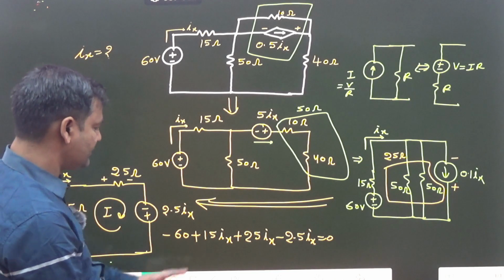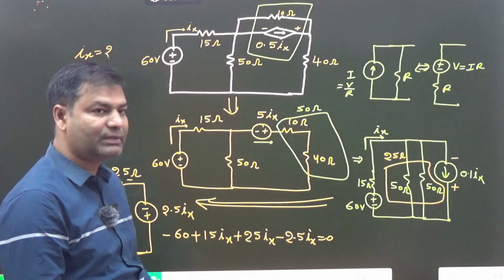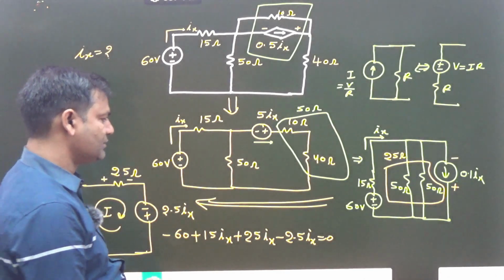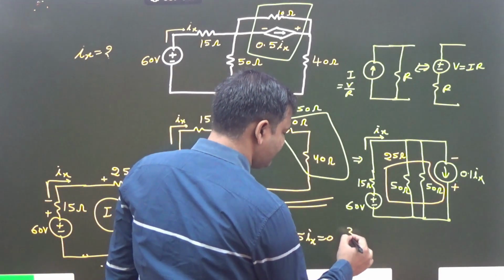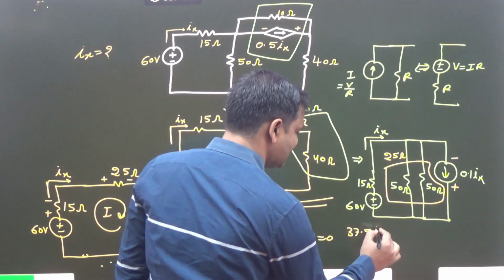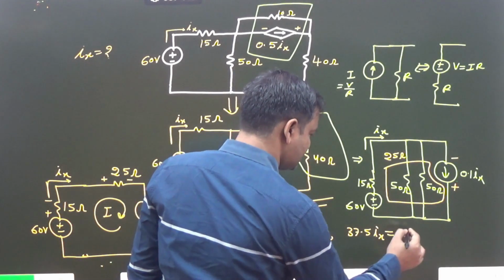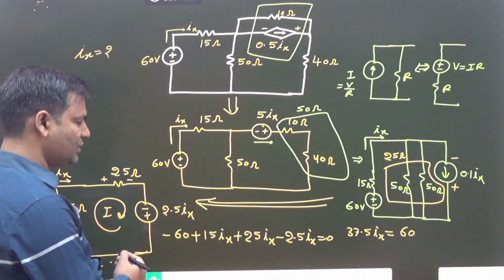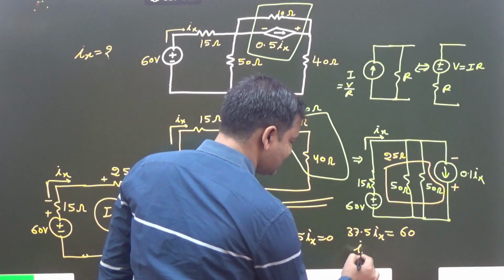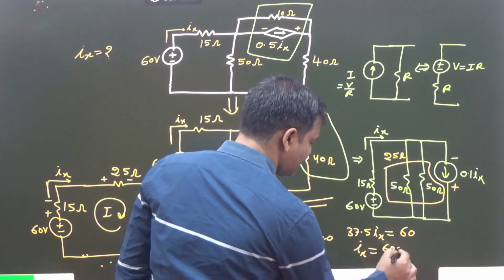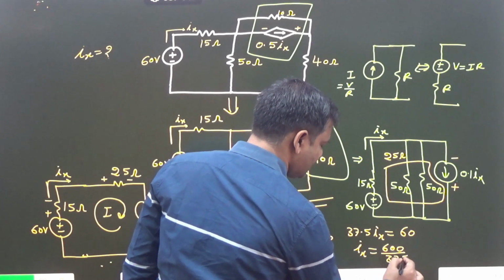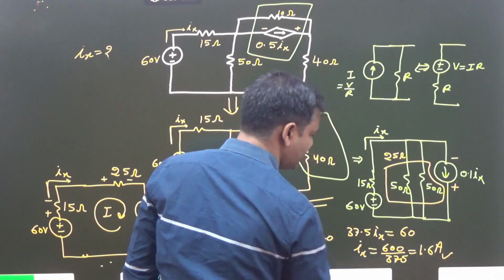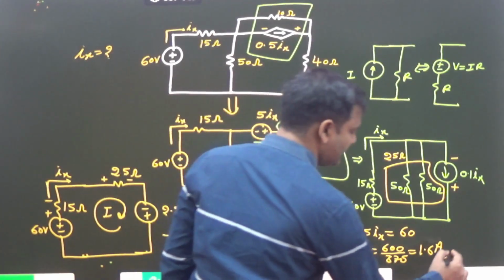So that one is 40, 40 minus 2.5 is 37.5. So 37.5 into Ix equals 60. So what is Ix? Ix is 600 divided by 375. It is closer to 1.6 ampere, which is the right answer.